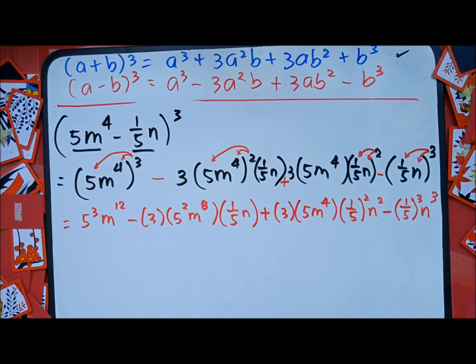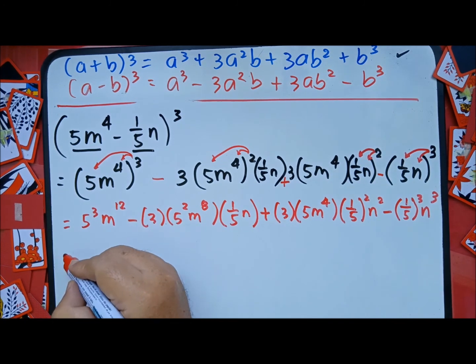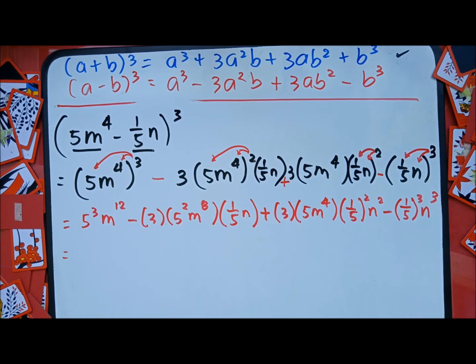Now, simplify. This will become 5 times 5 times 5, 125 m to the 12th power.